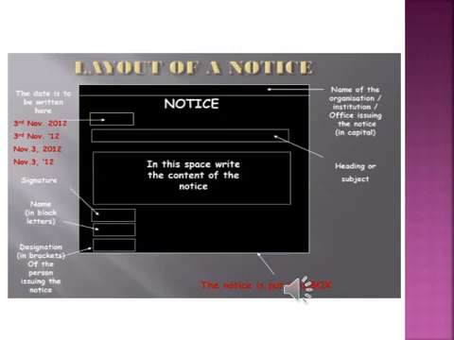If you want, you can underline that. Then you write the date. You can write the date any way you like: 3rd November 2012, 3rd November 12, November 3, 2012 or November 3, 12. But don't write the month as a number.